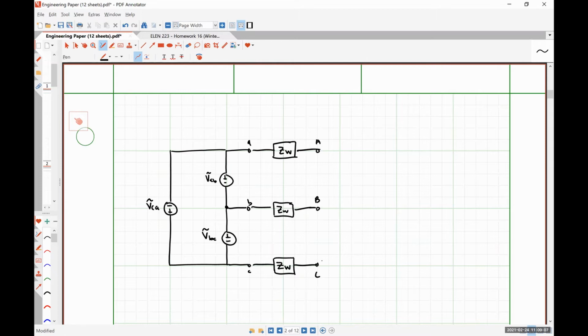I have two parallel connected Y loads, right? Oh, that one will go there.